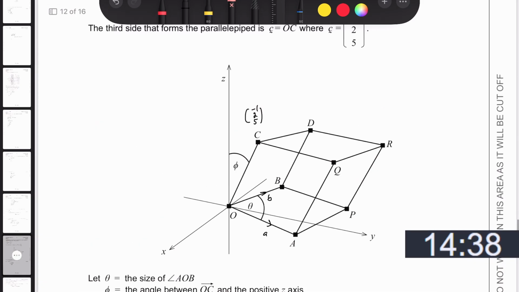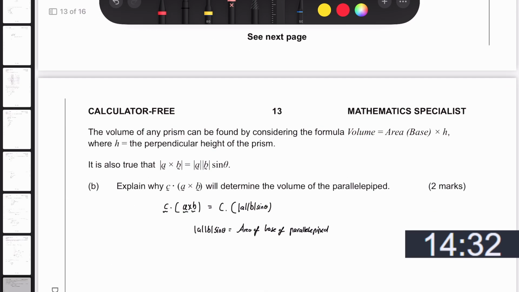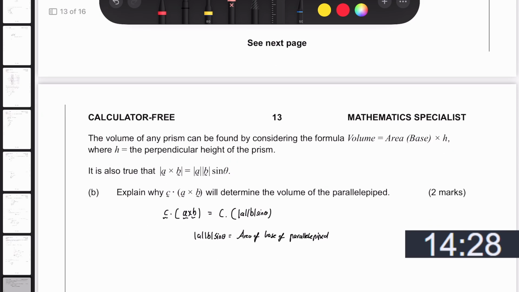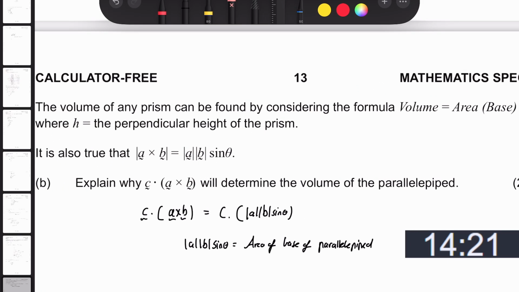And then C is like the height, where H is the perpendicular height of the prism.